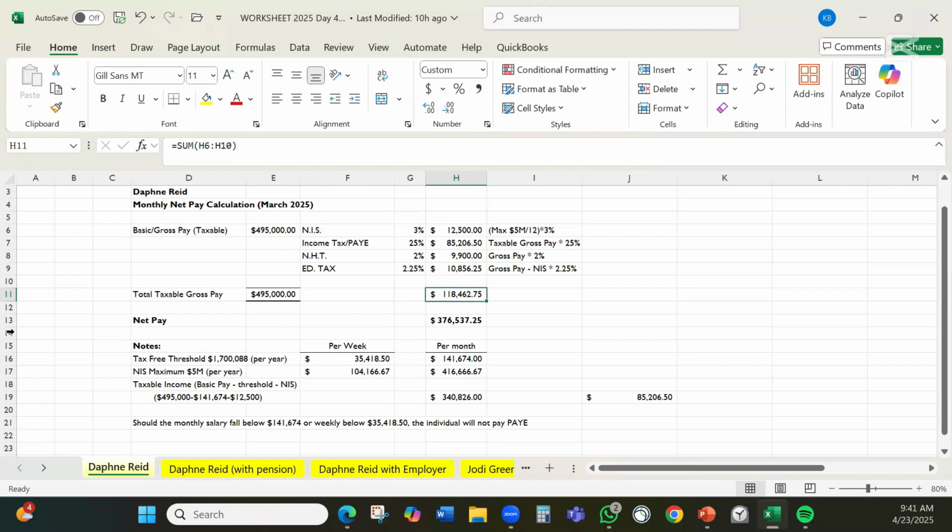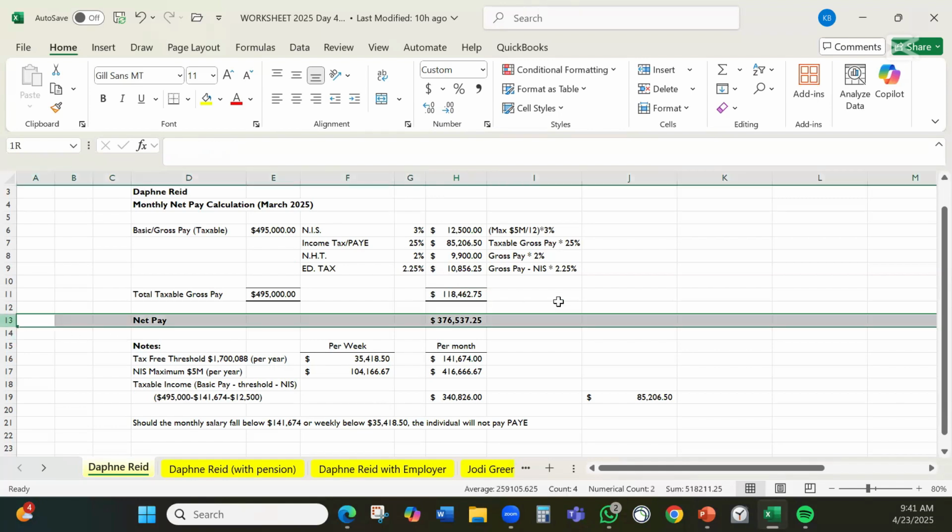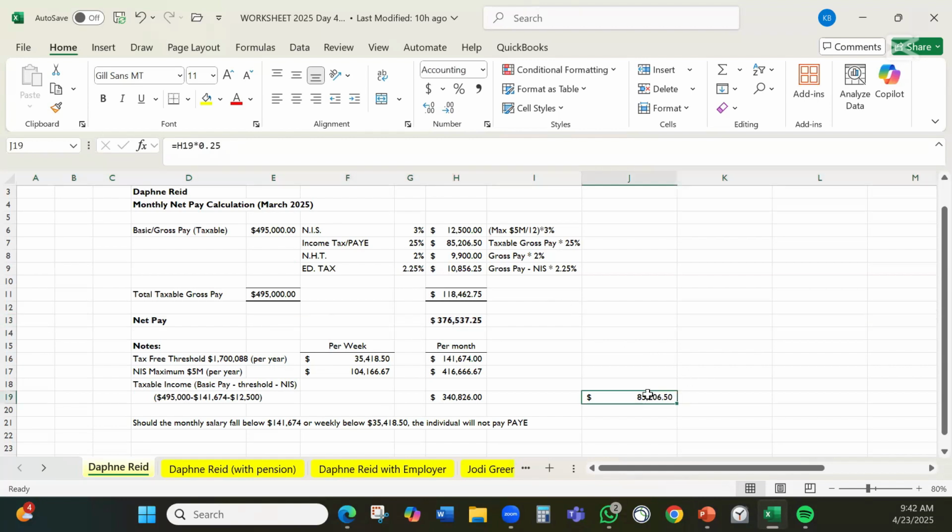At the end of the day, the difference is what you take home, which is 376,537.25. So that is what you would have as your take home pay. Any questions?